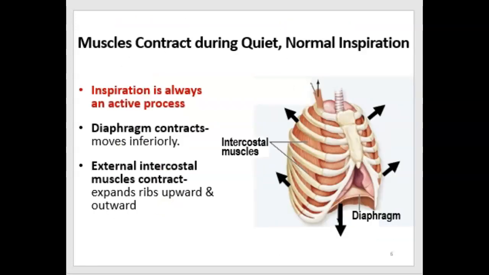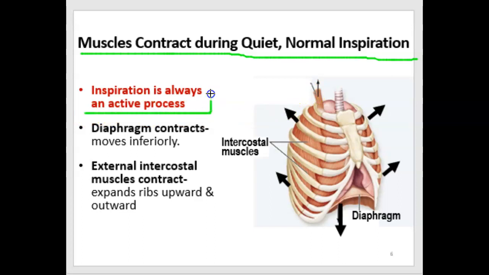There are muscles involved during quiet normal inspiration. Muscular contraction occurs for inspiration to happen. So inspiration is an active process, always, always.